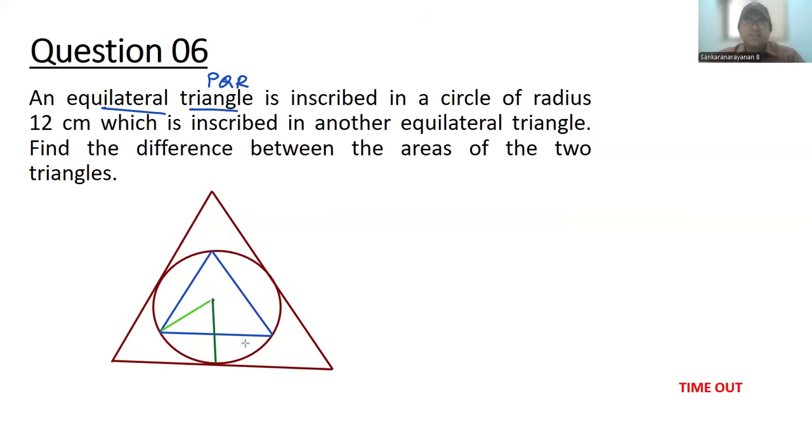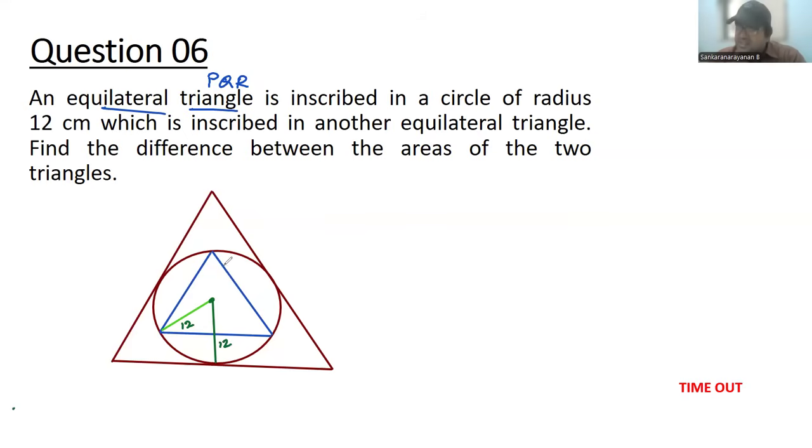So please note that. Now, they are asking you to find the difference between the areas of the two triangles. That's what they are asking us to find. So how can we proceed further? This is the 12. This is the same 12 what I can consider, right?